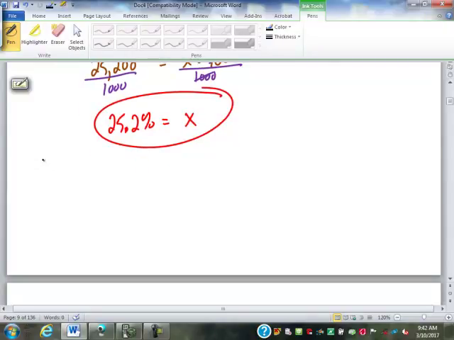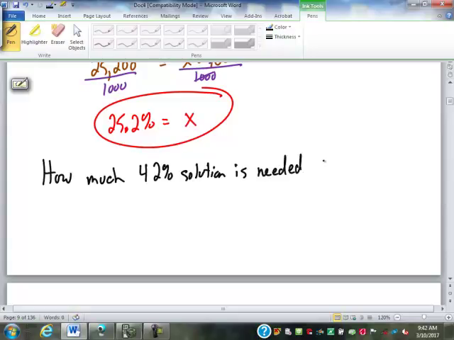We might ask, how much 42% solution is needed to create 480 milliliters of 7% solution.